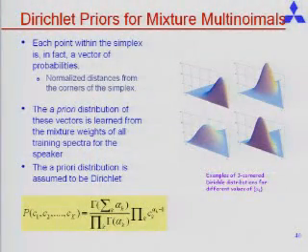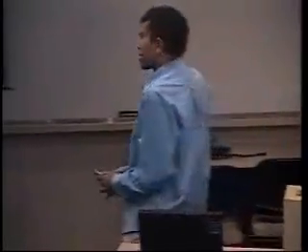So if you're willing to account for this sort of prior, then instead of modeling the whole thing as a mixture multinomial, you actually model it as a Dirichlet-Polya process, where you have a prior Dirichlet distribution which decides how we are going to generate a point within the simplex. Then you have a second process which says how we are going to combine the corners, and a third level which computes the histogram.